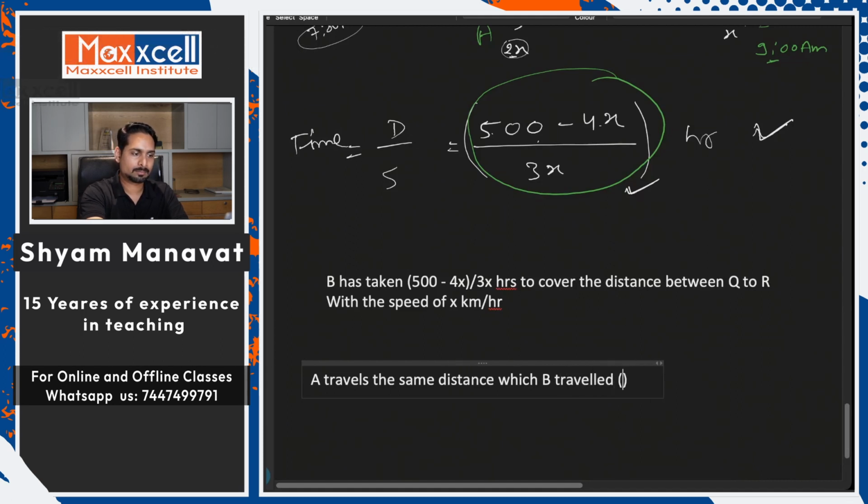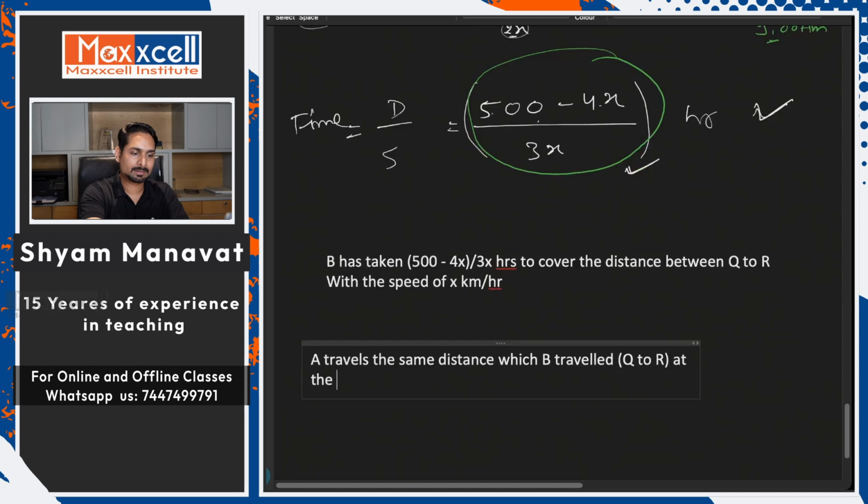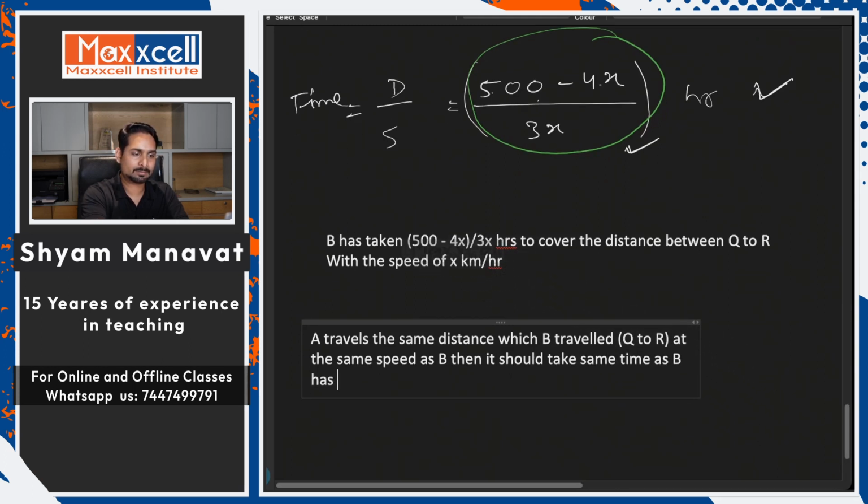What is that? Between Q to R, at the same speed as B. Same distance with the same speed, then it should take the same time as B has taken.